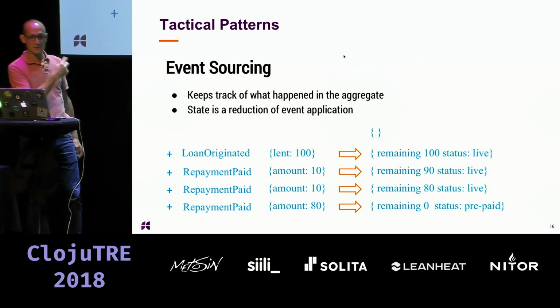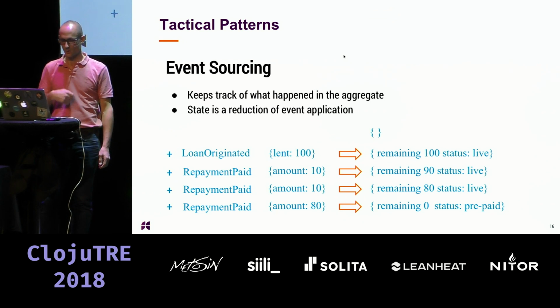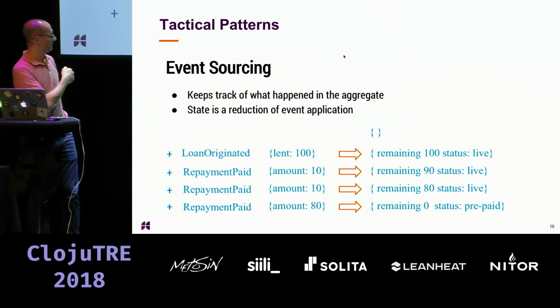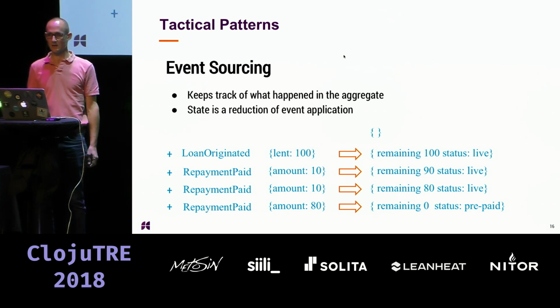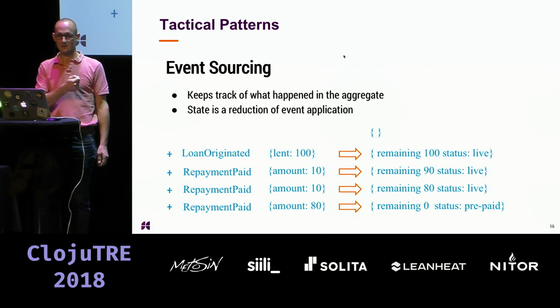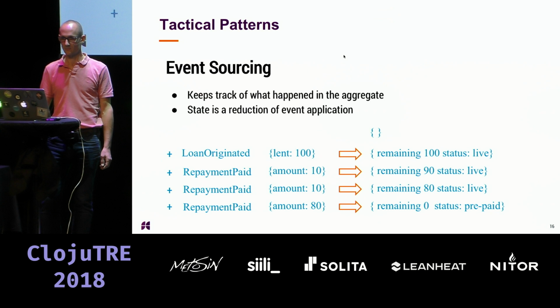And then we have repayments every month. So repayment paid 10, remaining decreases, that's 90, live, etc. And if there is a repayment of 80 at the end, because I already paid 20, that means it's paid completely, right? And so we transition to remaining 0, and status is prepaid.